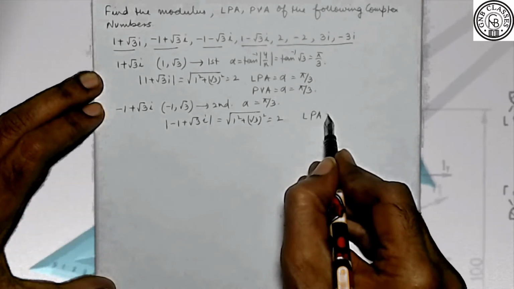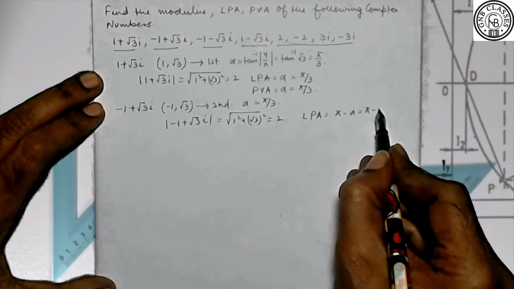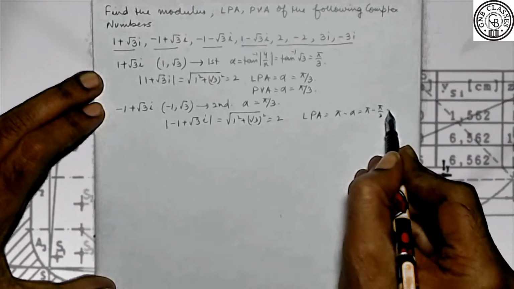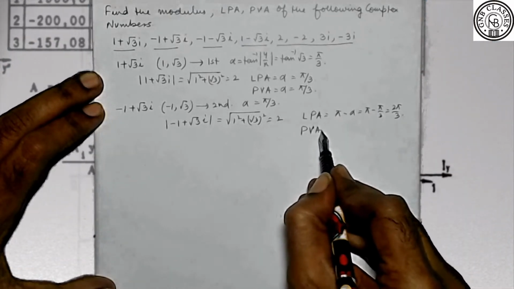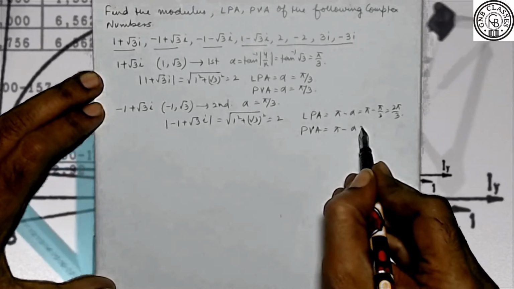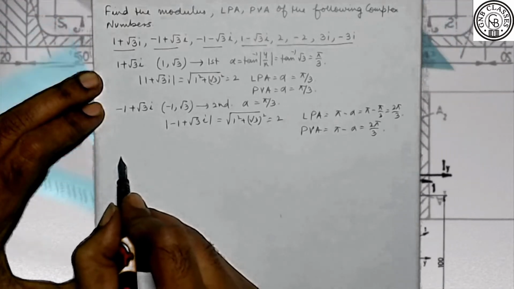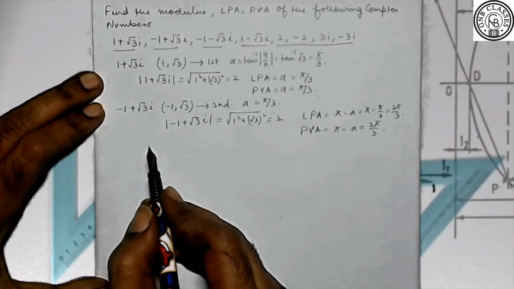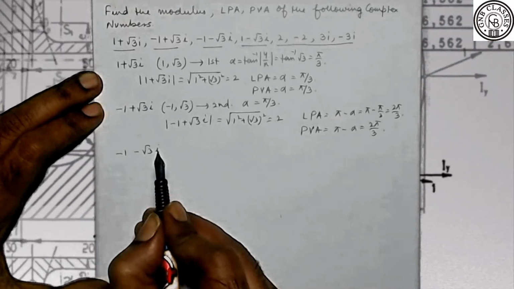Least positive argument will be pi minus alpha, that is pi minus pi by 3 gives us 2 pi by 3. Same thing with principal value argument. It is pi minus alpha gives us 2 pi by 3. Is it clear?